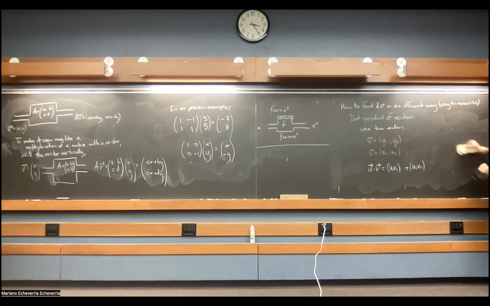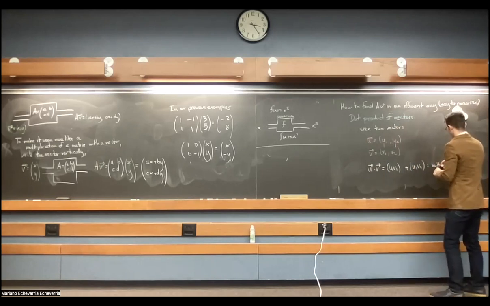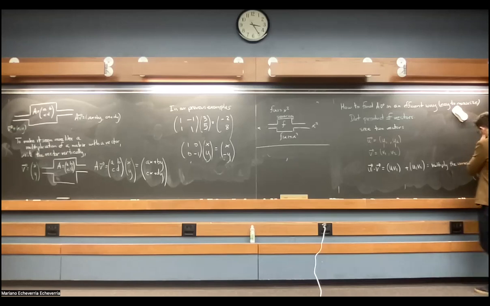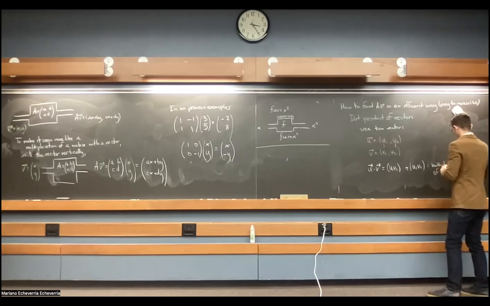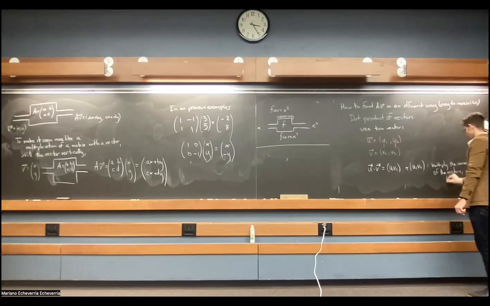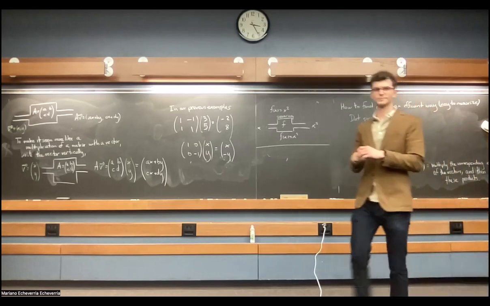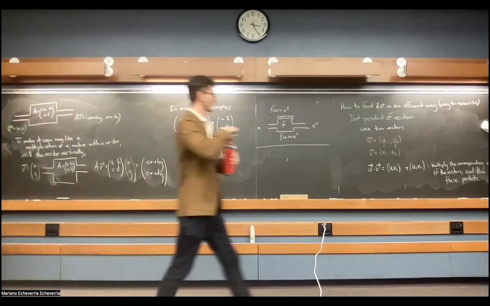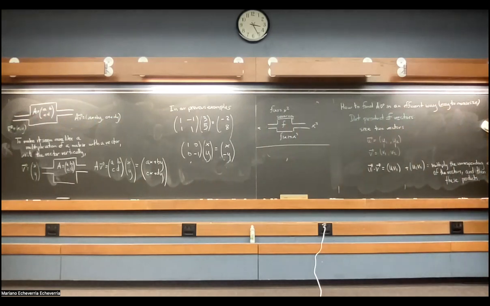What we're doing here is multiplying the corresponding entries of the vectors and then adding the products.